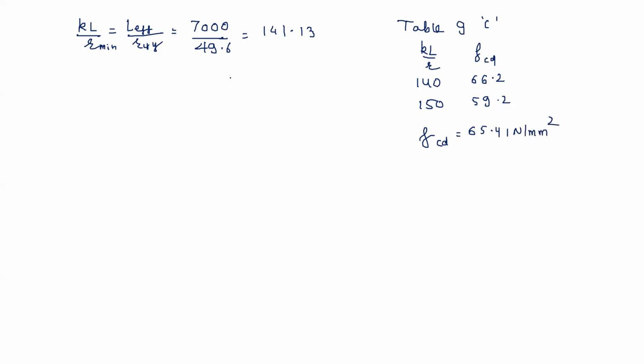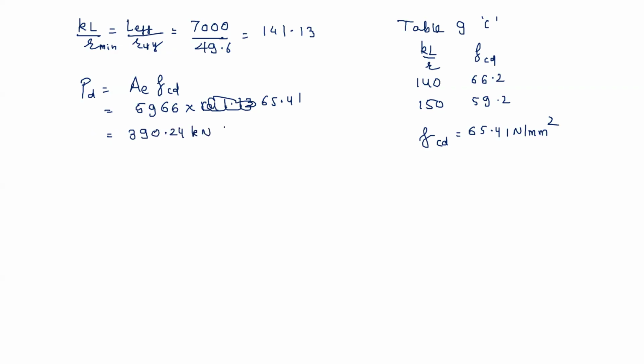And then calculate PD, which is equal to AE into FCD. AE we have 5966, FCD 141.13. Sorry, 65.41. 65.41, and we have this value 390.24 kilonewtons.